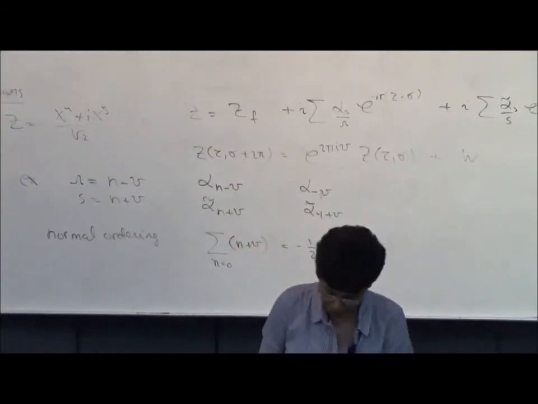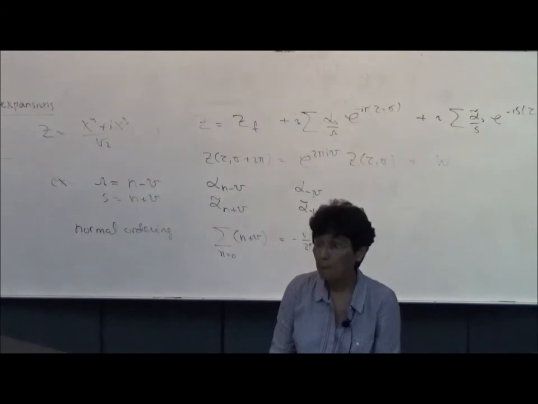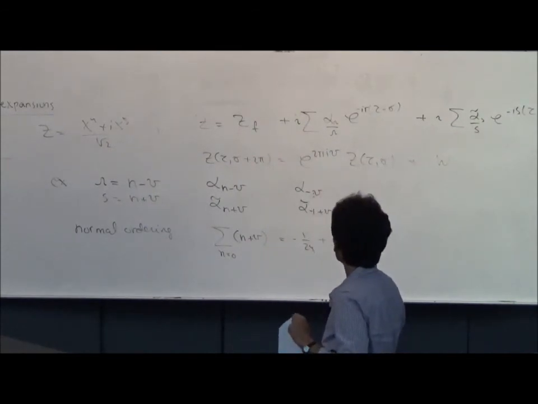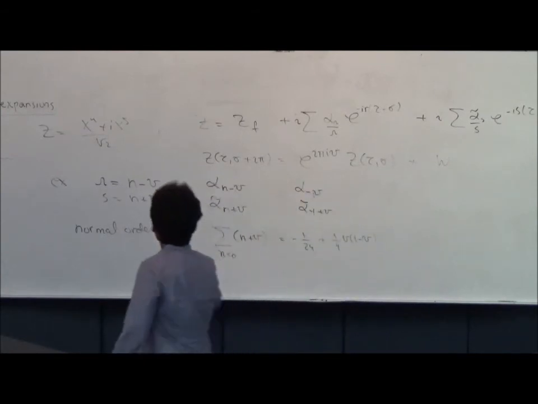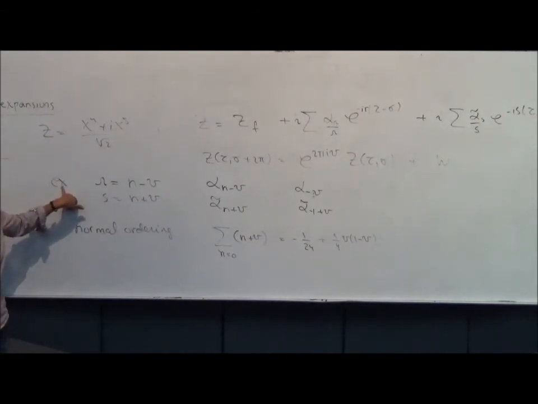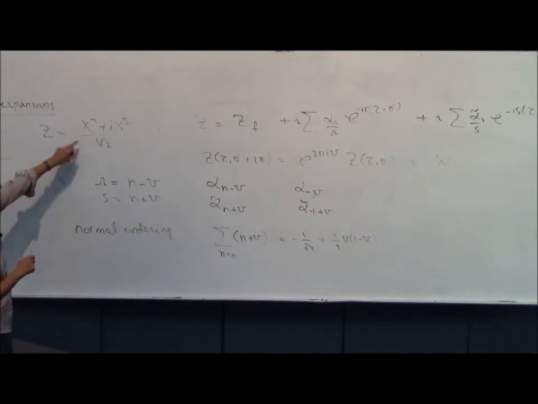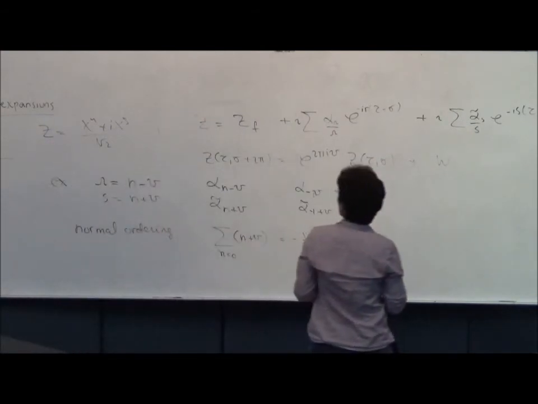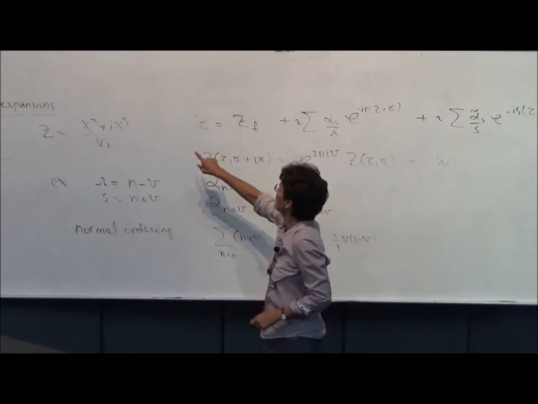And I'm sorry, CF is what? Sorry? CF. Sorry, where? On the right hand side. No, C is equal to CF plus I. The expression for C, the first term here.